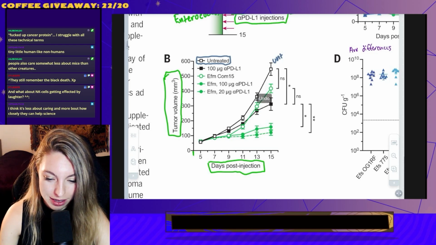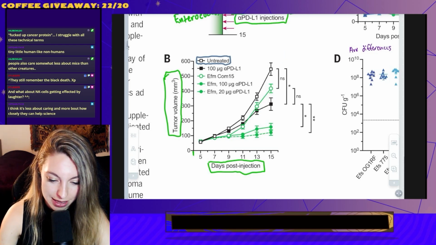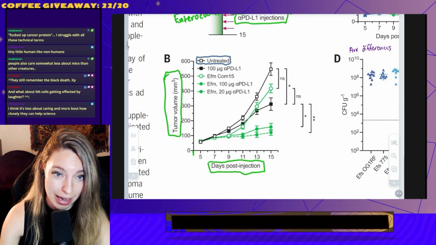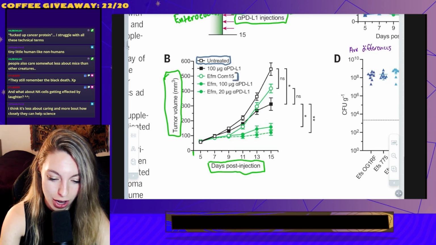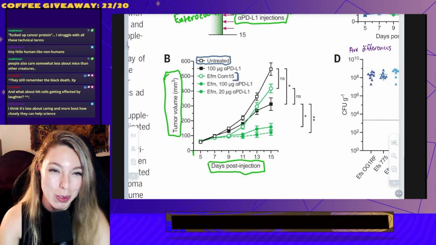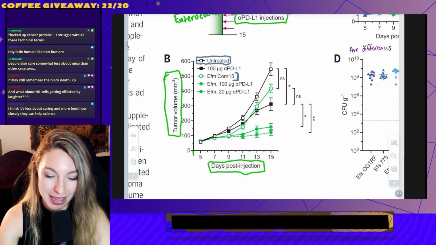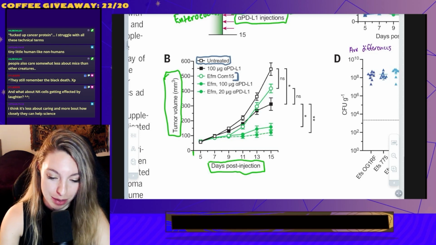Okay, so then they tested a couple other things. They used one of their enterococci, so the bacteria that they put in the water, this Enterococcus, and COM15 is just a strain name. You don't need to worry about that. EFM stands for Enterococcus faecium, which is just a very specific type of bacteria.